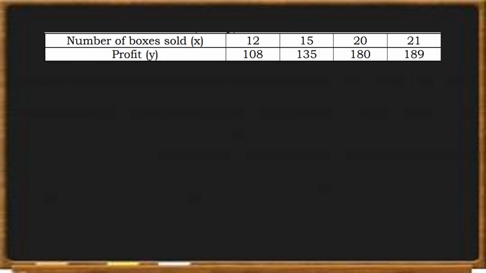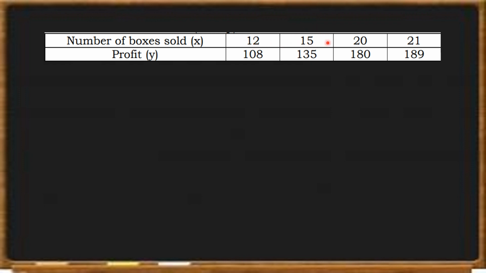Okay, so given this table, we have number of boxes sold represented by X, and profit represented by Y. If he sold 12 boxes, he will get 108 units of profit, whatever denomination or currency is used here.